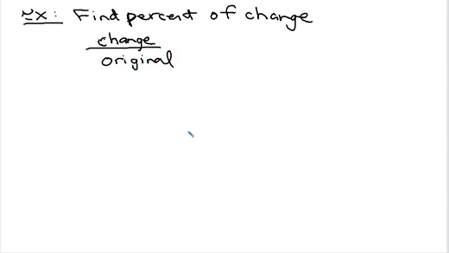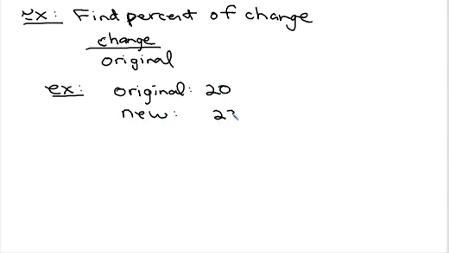So let's look at this example problem. This is how they're going to look in your homework. They're going to give you an original number, like 20. And then they're going to give you some kind of new number, like 23. And then they're going to say, find the percent of change.